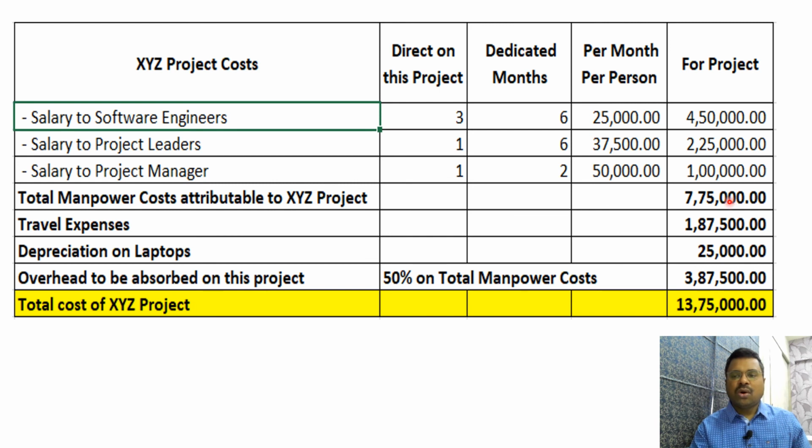So if I add all these costs, I will get the total cost of XYZ project. So 7,75,000, 1,87,500, 25,000 and 3,87,500. These 4 elements of cost which total to 13,75,000 is the total cost of this particular project.